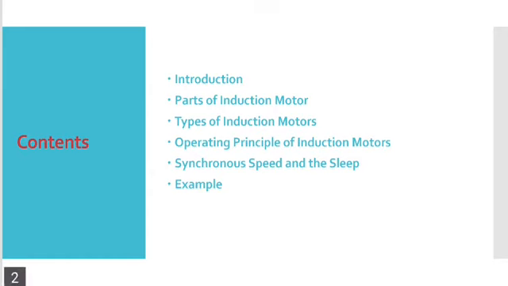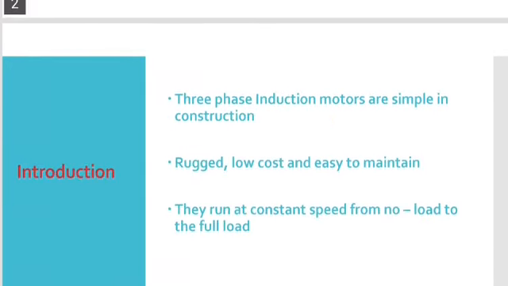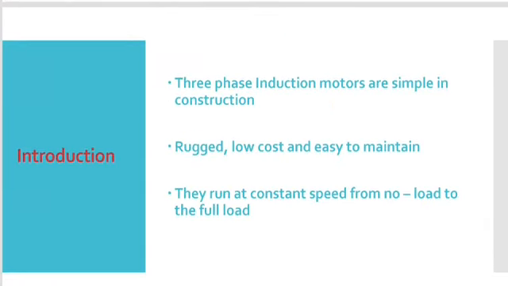Okay, so first of all, in the introduction I want to say that three-phase induction motors are simple in construction. Simple in construction means it does not require any commutator as in the case of a DC motor. So no requirement of commutator means no requirement of brushes.